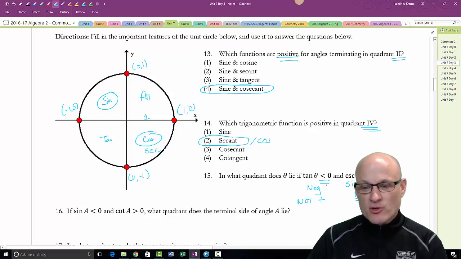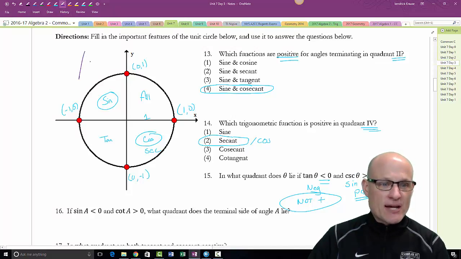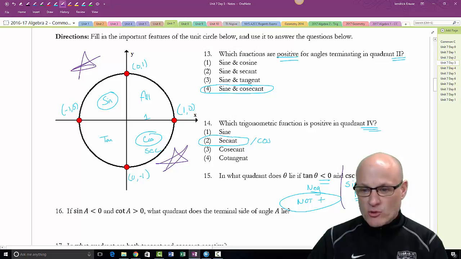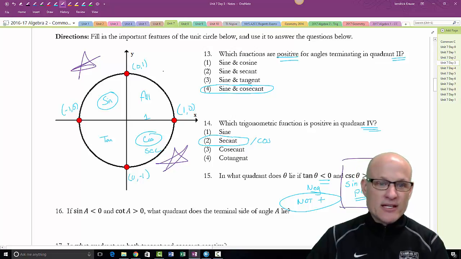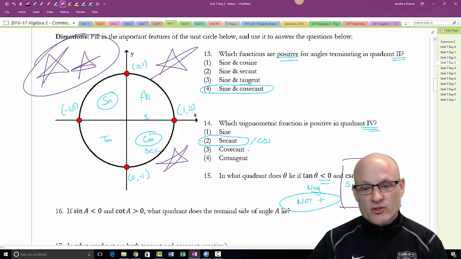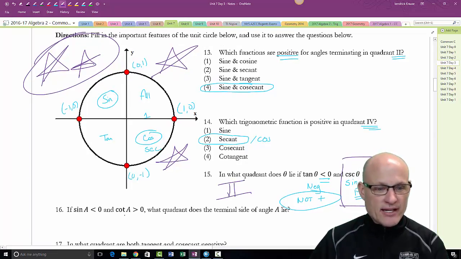So I'm looking where tangent is not positive. Let me put some big stars. Tangent is not positive here, and tangent is not positive here. And I'm also looking where sine is positive. Everything's positive here, and sine is positive here. So this is the big winner. It gets 2 stars. So we are in quadrant 2. All right, let's try this again. Get rid of my stars.